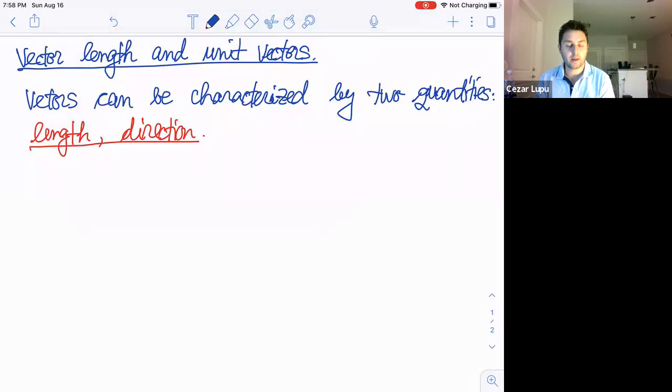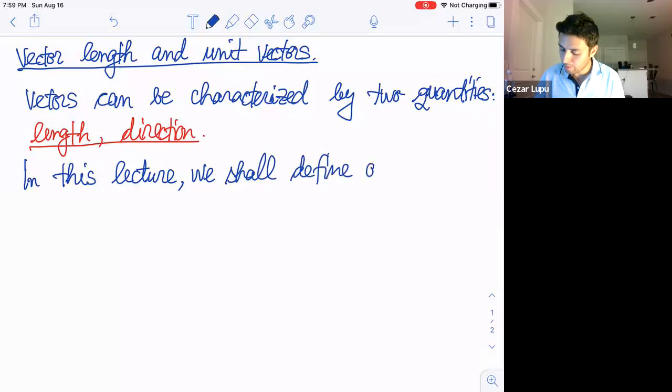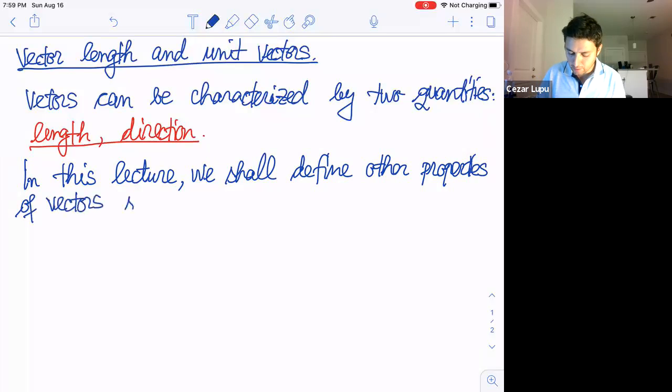Also, in this lecture, we shall define other properties of vectors, and when I say other properties, I mean geometric properties such as distance and angle.